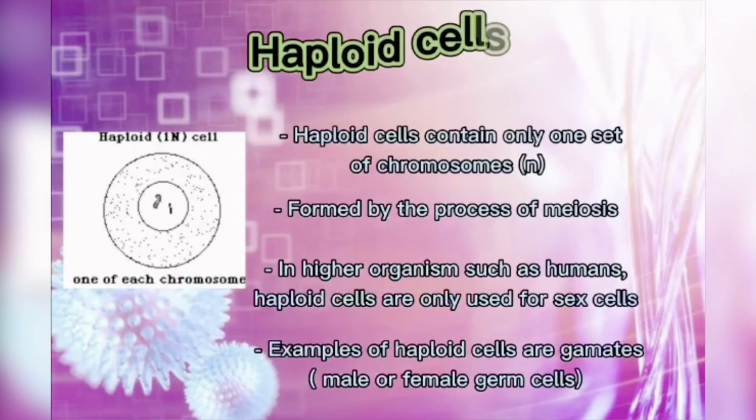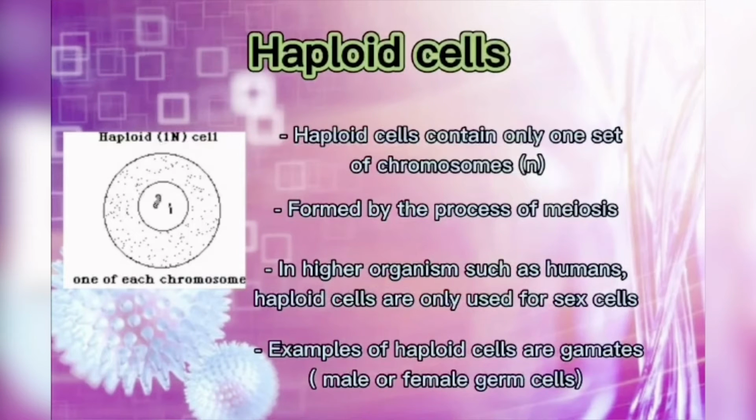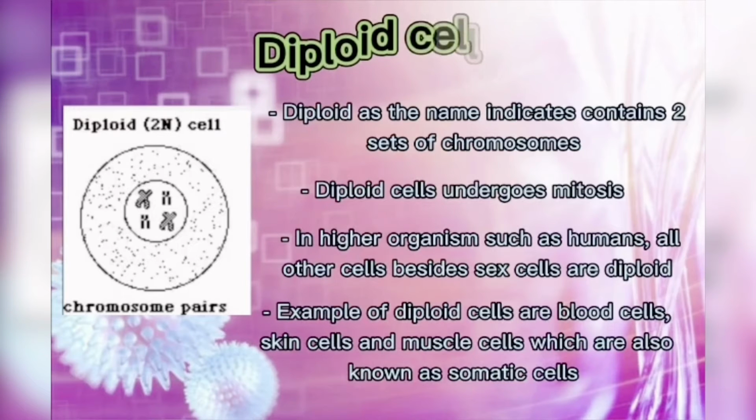Haploid cells. Haploid cells are cells that contain only one set of chromosomes and are formed by the process of meiosis. In higher organisms such as humans, haploid cells are only used for sex cells. Examples of haploid cells are gametes. Diploid cells.